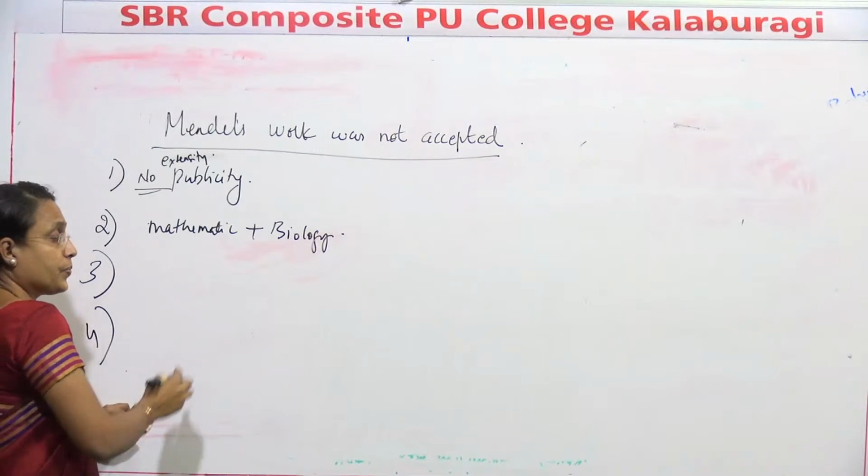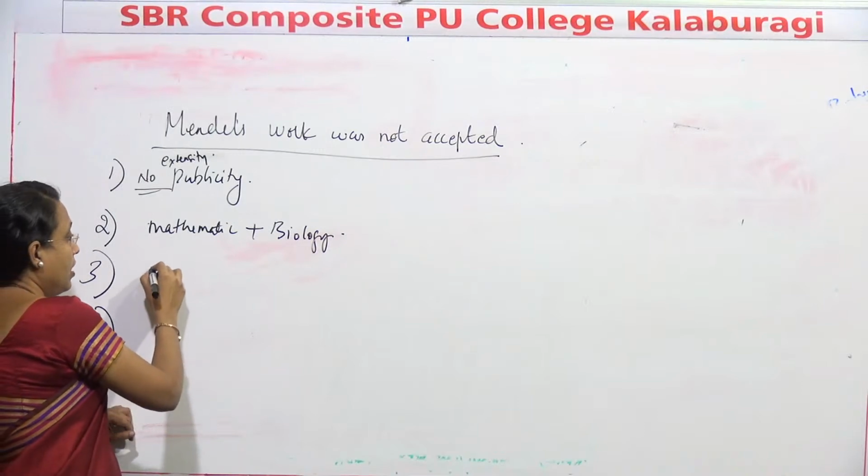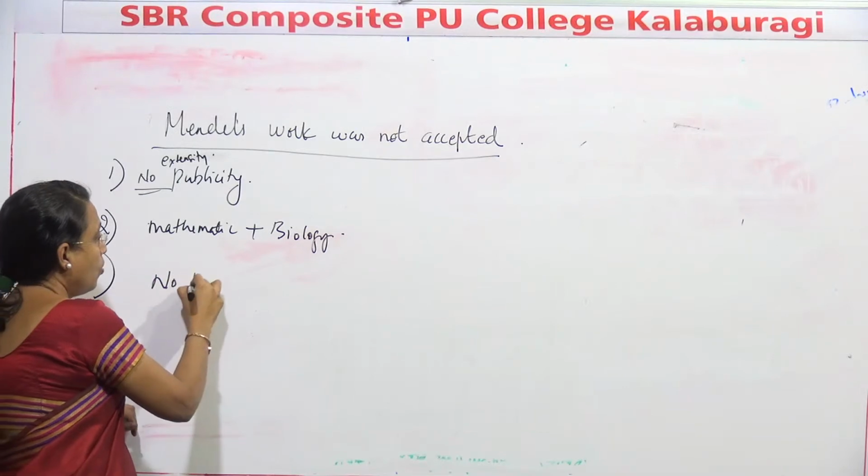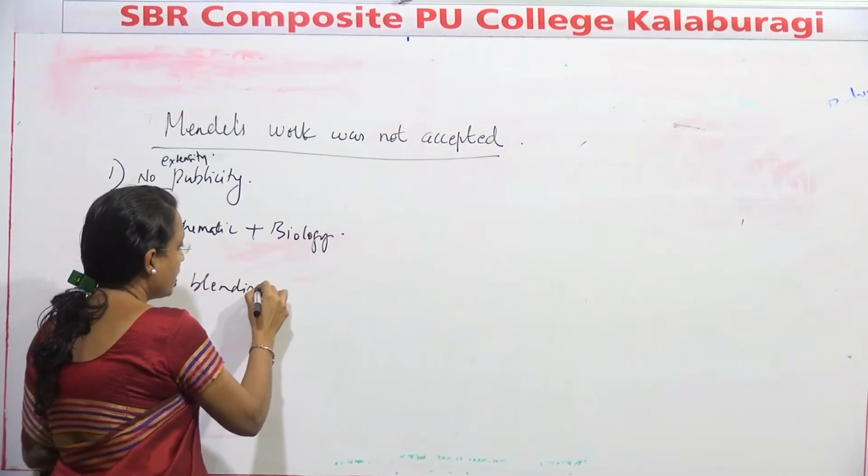Third, what is the third one? There is no blending of characters. This was objected to by the scientists of that time.